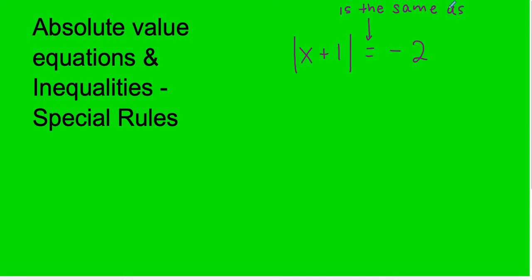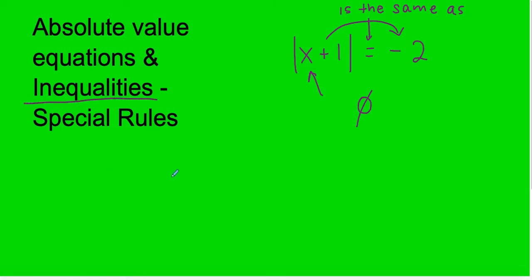So this special idea is really just to identify the definition or think of the definition of absolute value. There is no number that we could plug in here for x that would give me an output that equals -2. So no solution. There's no such x.